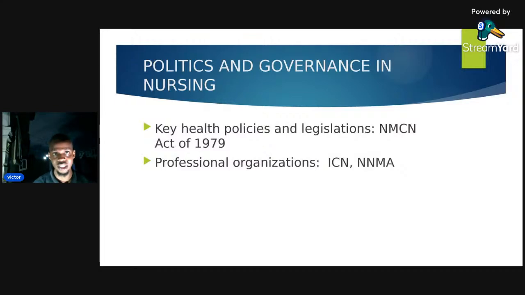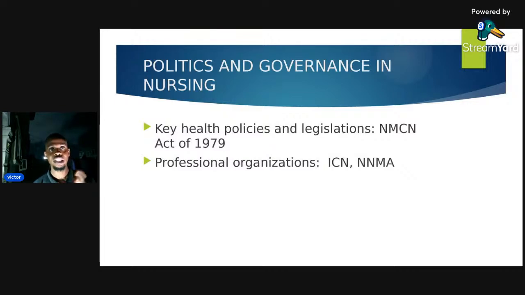Then for politics and governance in nursing, this is just to enlighten us on what we should know as nurses. There is a body that regulates nursing activities, including accreditation, licensing, and making institutions available to train nurses.